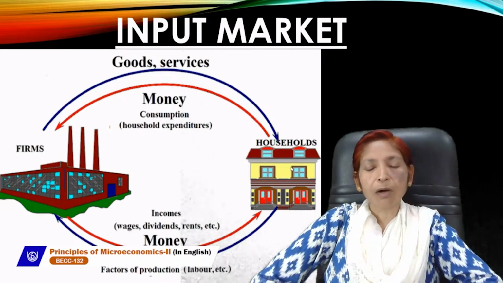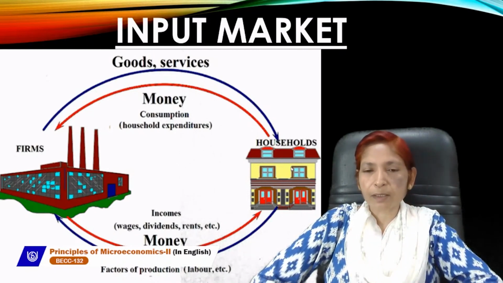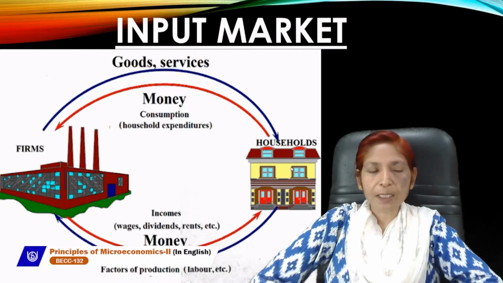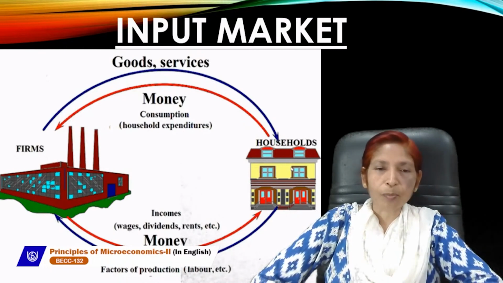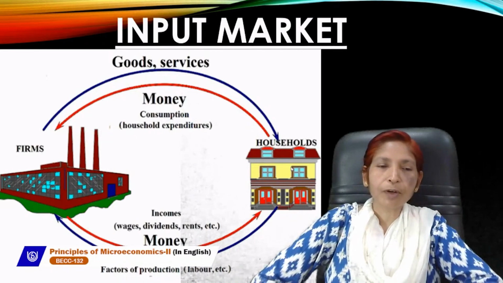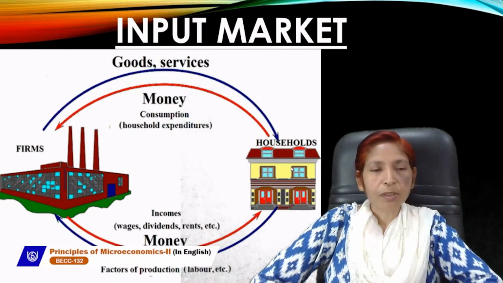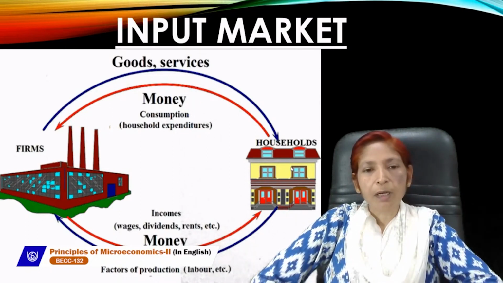The household is the owner of all factors of production. So the household provides all the factors of production to the firm sector, and the firm will produce goods and services with the help of all factors of production.